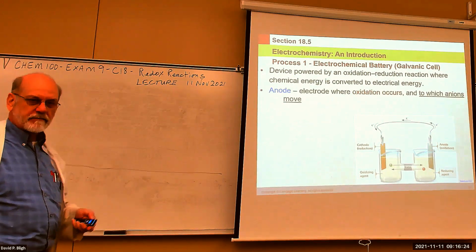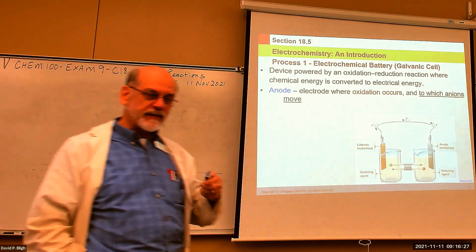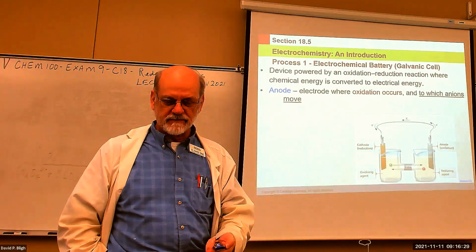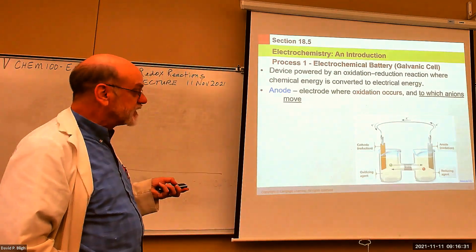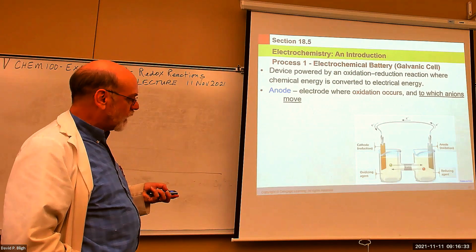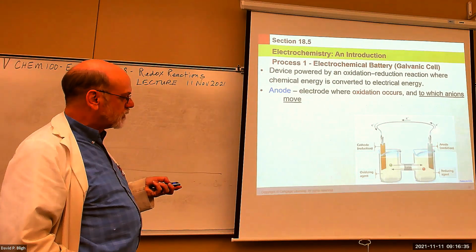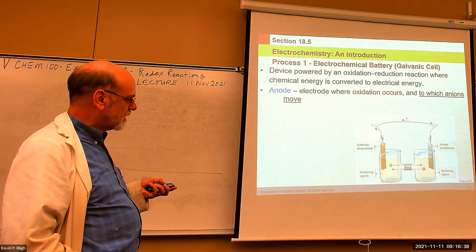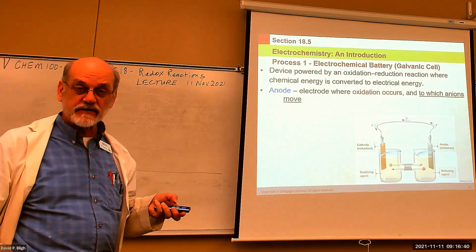So in this process, we're converting chemical energy into electrical energy by this device. Now, when electrons move this direction, then we have to maintain the balance of charge.